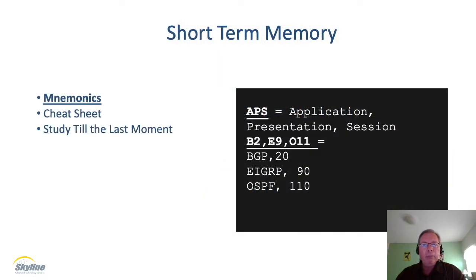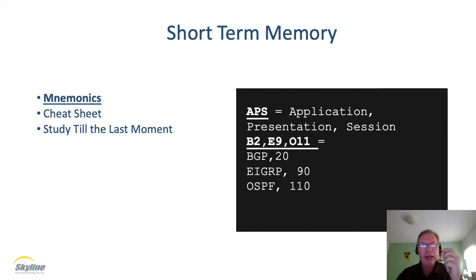My favorite strategy is to employ my short-term memory and to use mnemonics. For example, back in the day when I took a Sniffer test, I had a hard time remembering the names of the top 3 layers of the OSI model. Before I took the test, I said to myself, wait a minute, the names of those top 3 layers spell out APPS.